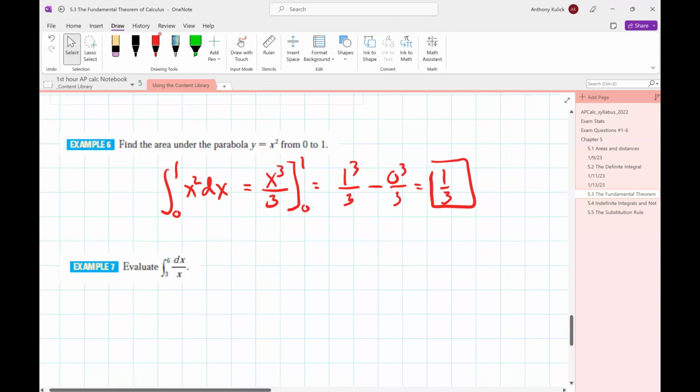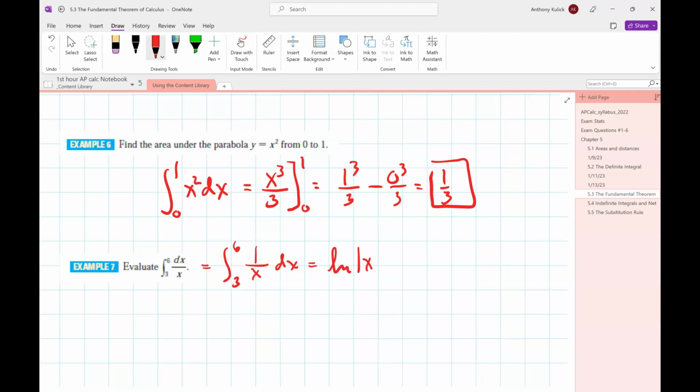All right, let's look at this one. We have the integral from 3 to 6 of dx over x. How do we want to be thinking about this? 1 over x times dx, right? What's the antiderivative of 1 over x? Yeah, that is a natural log, right?